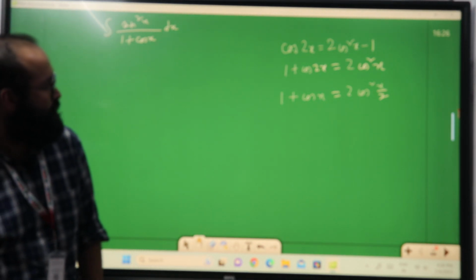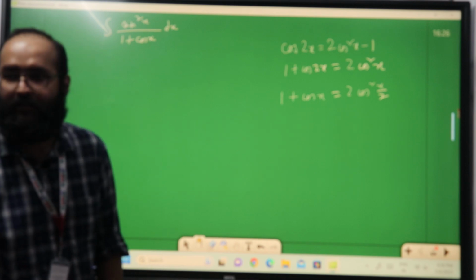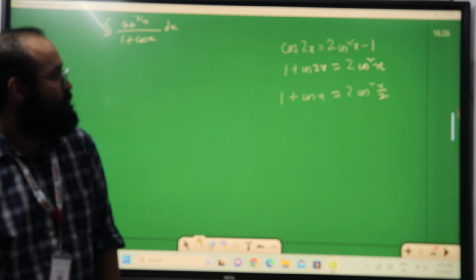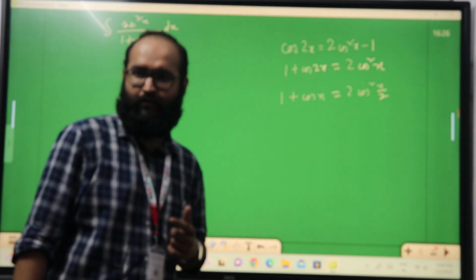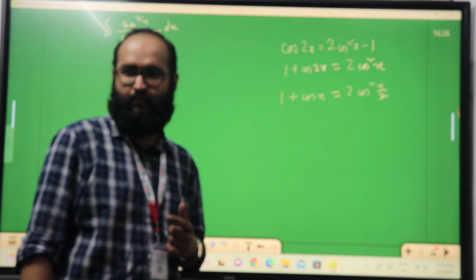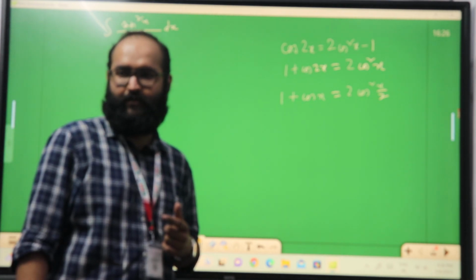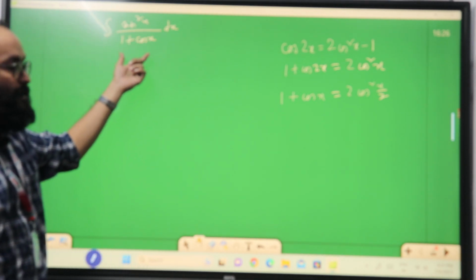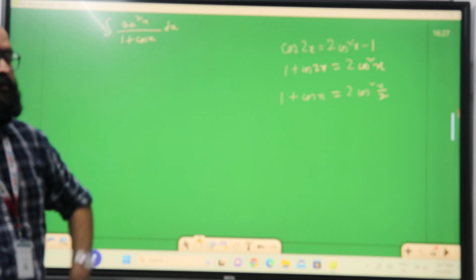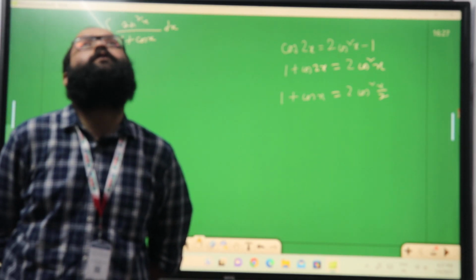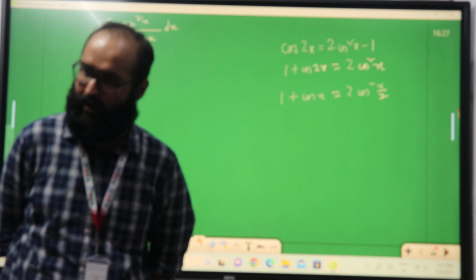Can I? What 1 by 2? What cos x? What is 1 plus cos x? We want 1 plus cos x, no? What is the formula of cos 2x? 2 cos square x minus 1.